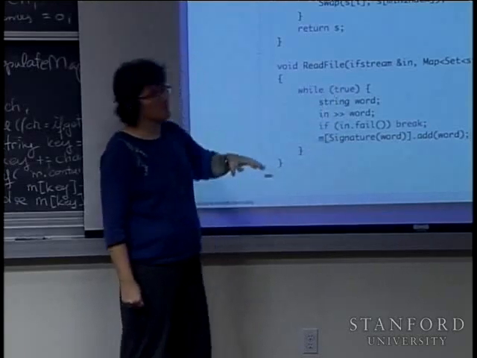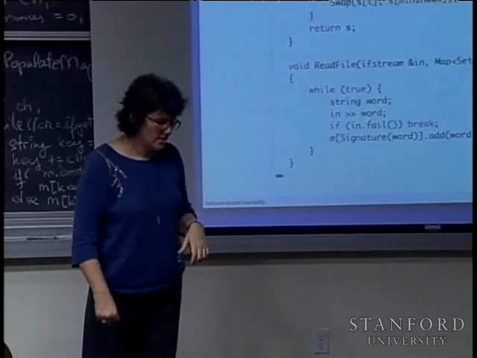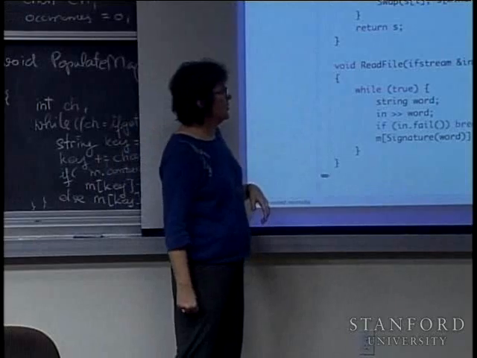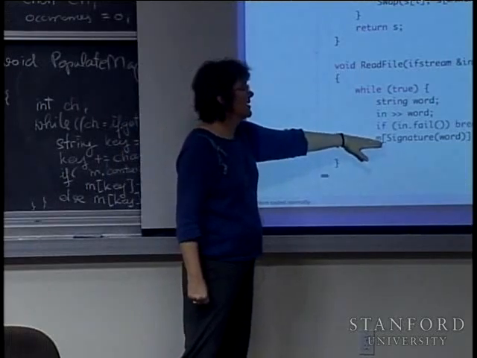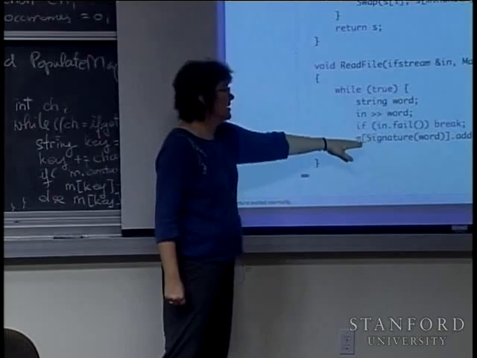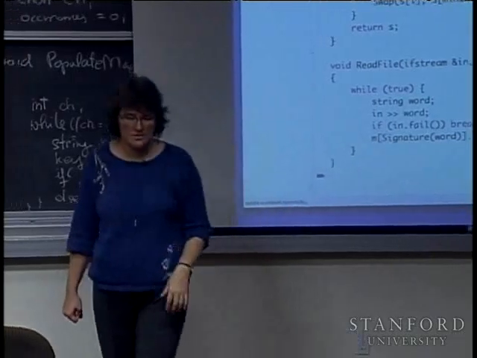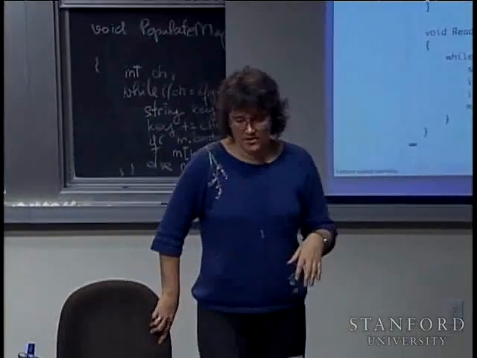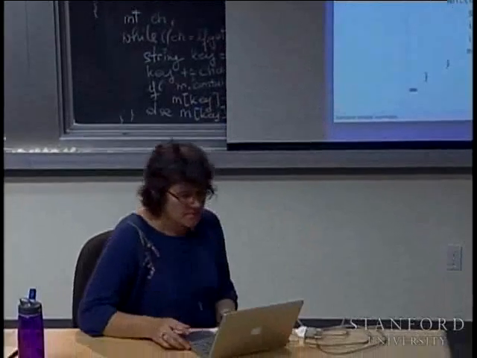Well, the default value for a set of strings, if you just create a set without any other information in the default constructor, will always create you a nice, clean, empty set. So in fact, it will get me exactly what I want, which is to put it in there with an empty set that I will immediately add the word into. So after I do this, I should have this fully populated map.